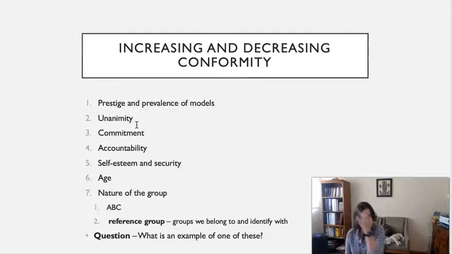So if you're in a group and they're trying to make a decision and everyone agrees with it, you're not going to say, wait, I don't agree, wait, I think we should change this. You're more likely to go along with it if it's a unanimous decision. If at least one other person is willing to say, I don't agree, then you are significantly more likely to say, I don't agree either.